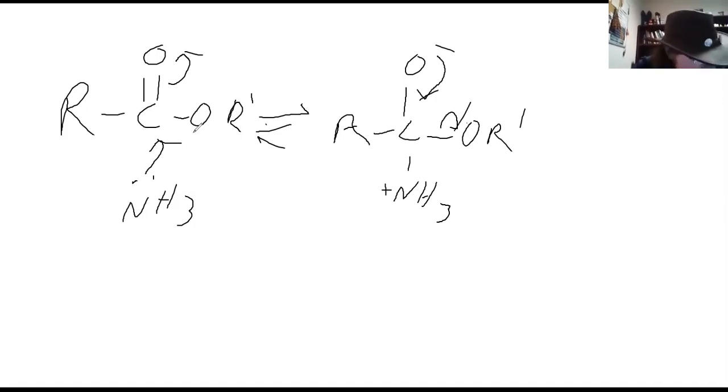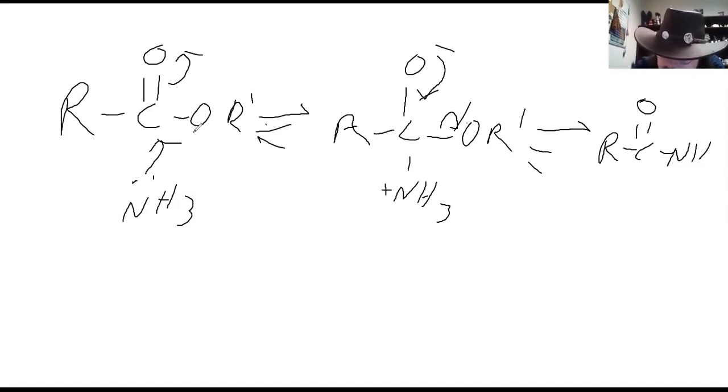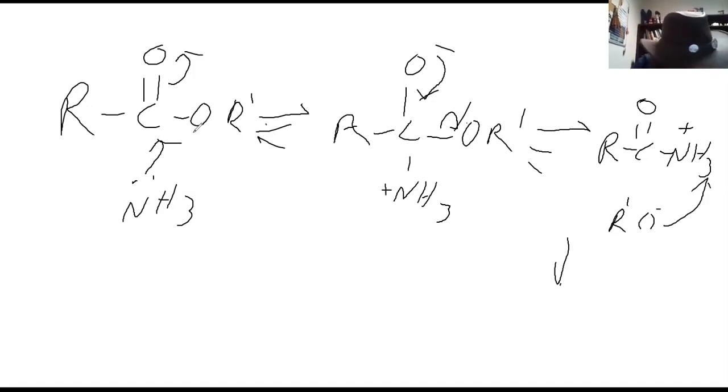We have an alcohol, a very basic alcohol from your acidic amide. That R prime O minus comes and deprotonates that, forming your alcohol and your amine, or your amide.